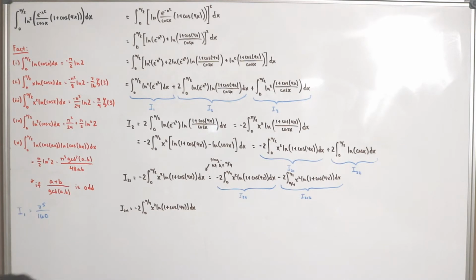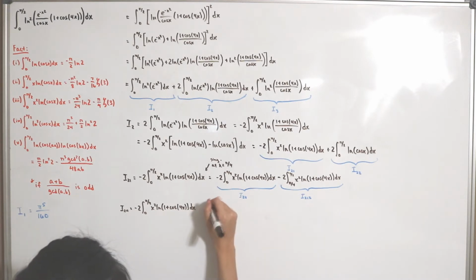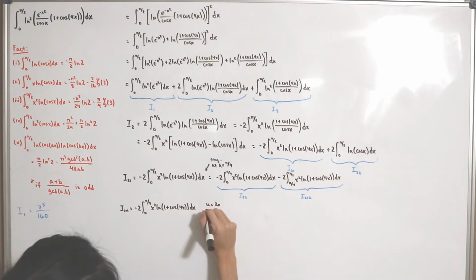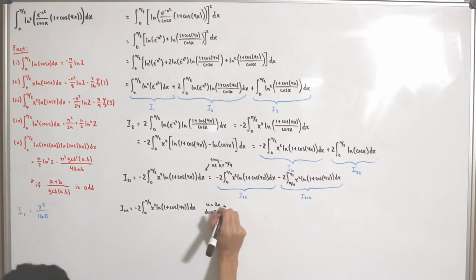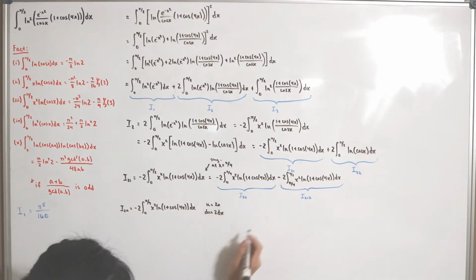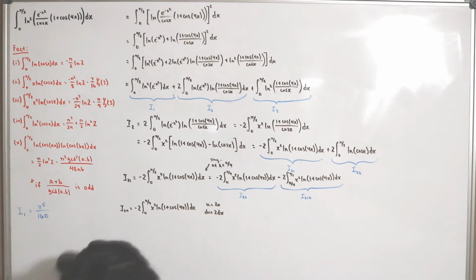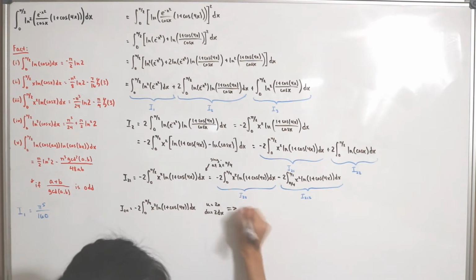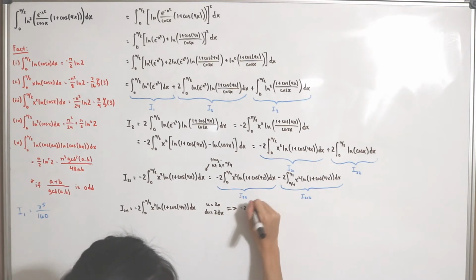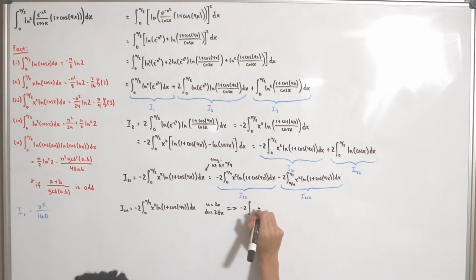Let u equal 2x, then take derivatives of both sides, so du is equal to 2 dx. And we also have to change our bounds, don't forget.